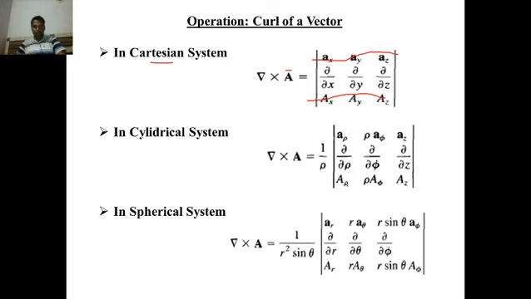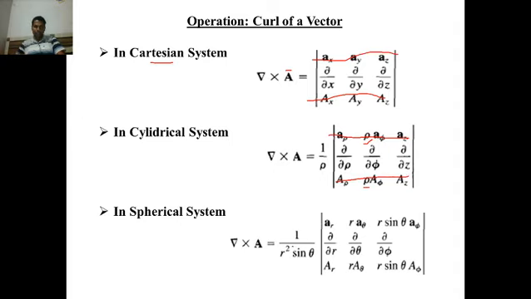But in case of cylindrical system, the differential lengths are dr, r dphi, and dz. But here what you have written is dr, dphi, dz. So r is not written here. This r is written here and here. So compensation of this missing r is accommodated in the first row and in the third row.